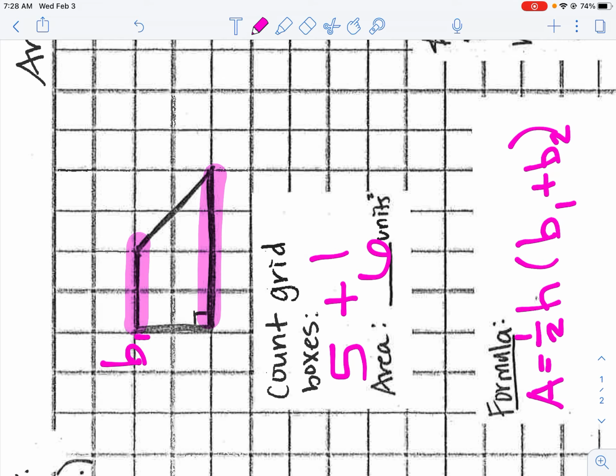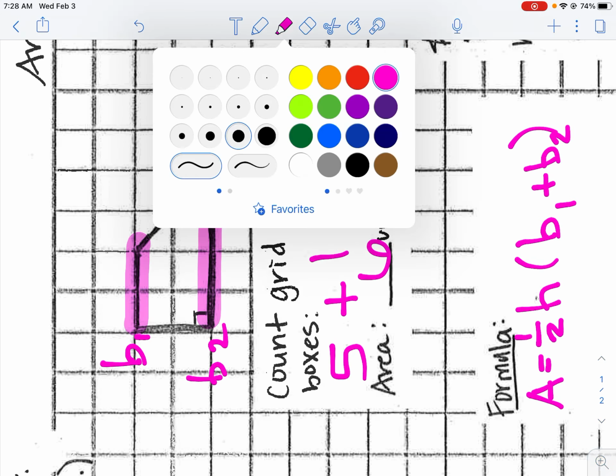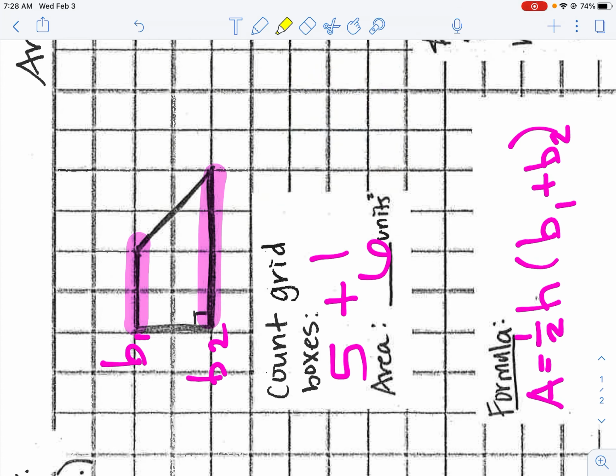So this is base 1 on the top, and this is base 2 on the bottom. The bases of a trapezoid are the two sides that are parallel to each other. The height of the trapezoid is that perpendicular line that runs between the two bases. You will never, ever, ever use the slanty side. Okay, so let's look and see what we have.